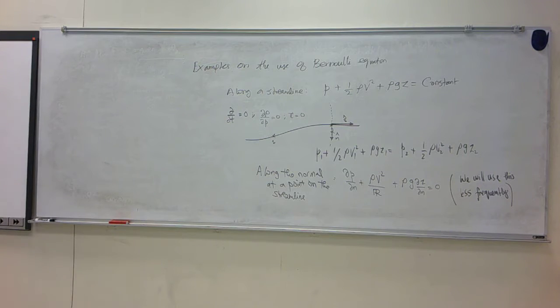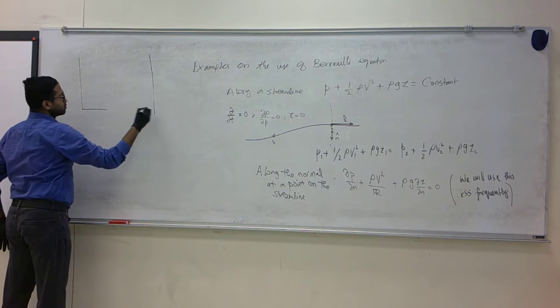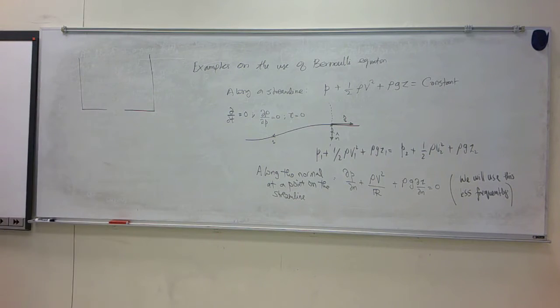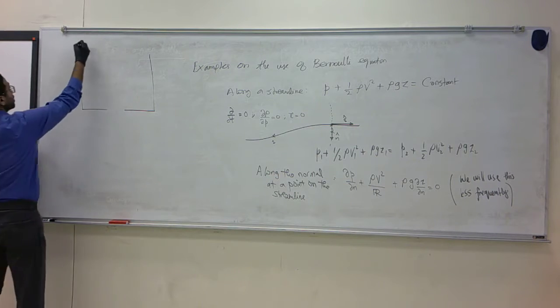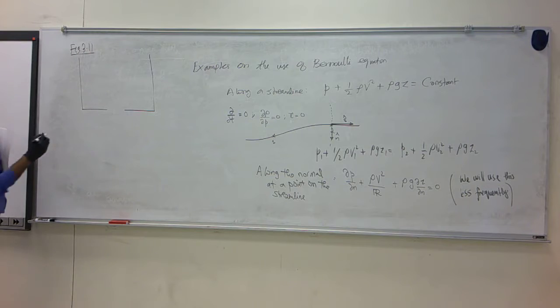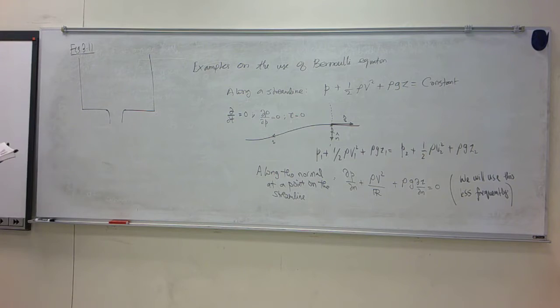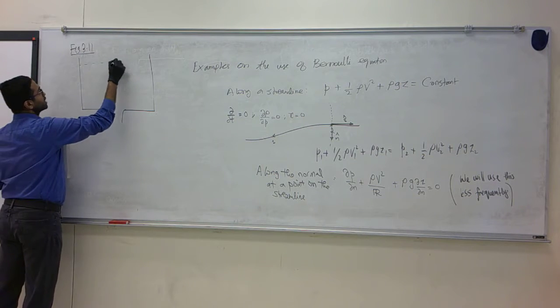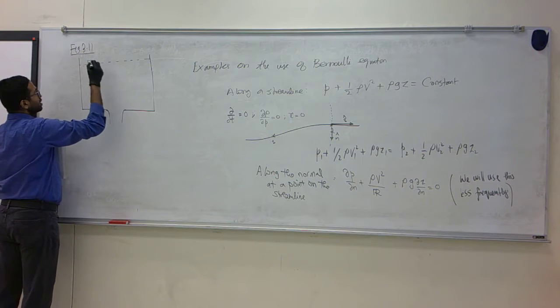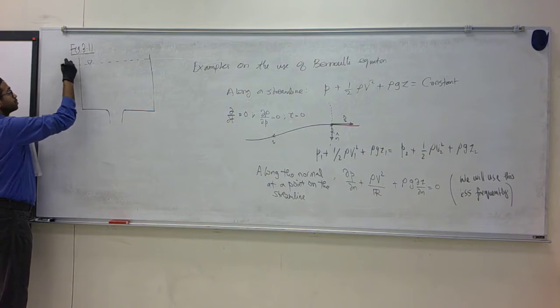We are going to start by looking at a flow situation of a tank, which is given in figure 3.11. We have the tank, with a hole at the bottom where the fluid is going to discharge, and initially let's say the height of the tank is h.